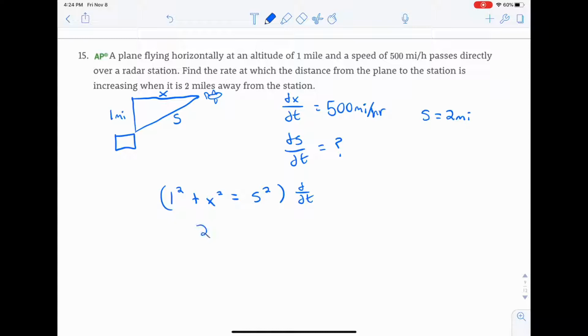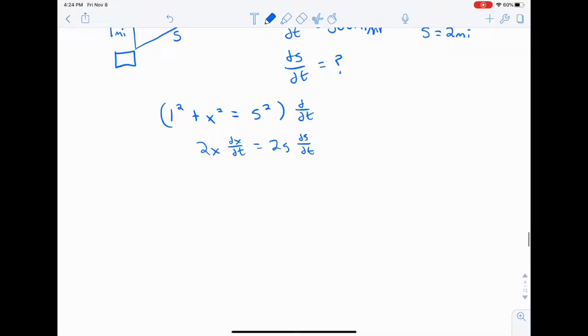And that gets you 2x dx/dt equals 2s ds/dt. And we have to isolate ds/dt because that's what we're looking for. So we're going to divide both sides by 2s. So your ds/dt equals, the 2's will cancel, leaving you with x times dx/dt over s.